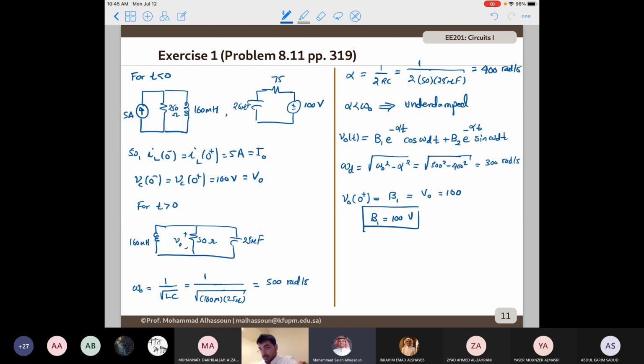So in this case we need to take dv by dt. Remember, this is related to the current passing through the capacitor, and this must be equal to... let's first find the current passing through the capacitor. So what's the current for the capacitor?